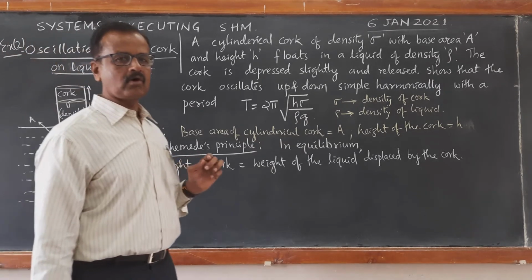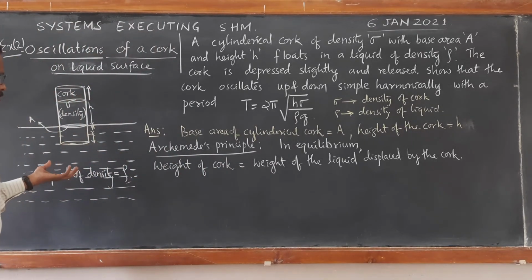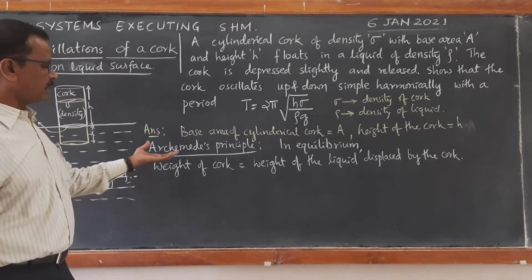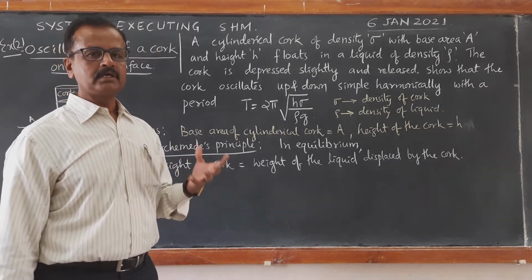The restoring force acting on the cork must be an upthrust. So the upthrust must be calculated using the Archimedes principle. That upthrust itself will act as the restoring force.